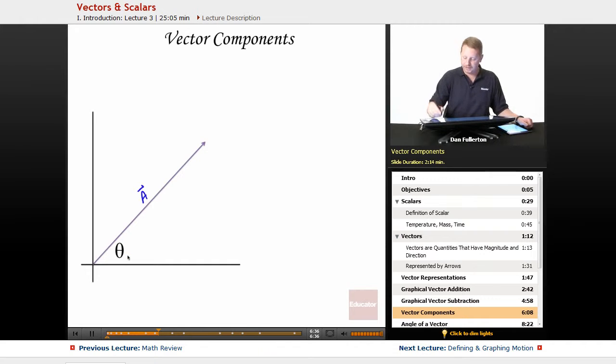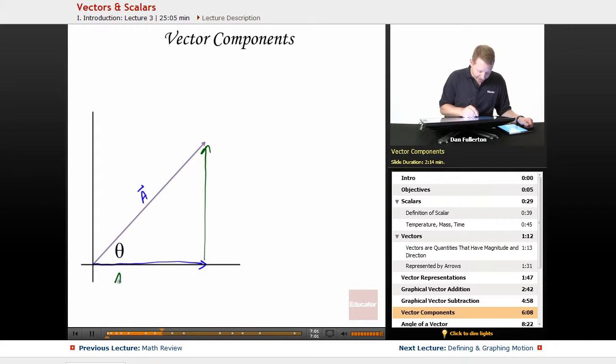We could replace this with a vector along the x-axis and a vector along the y-axis. Notice that the blue vector plus the green vector, if we add them together, gives us that A vector, the vector we started with. So we're going to take this A vector and replace it with this blue one and this green one. Two vectors that are a little simpler to deal with mathematically.